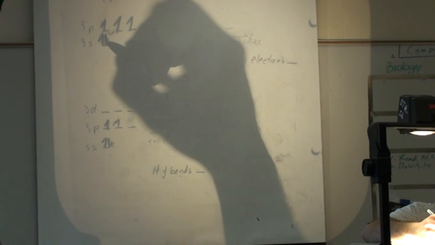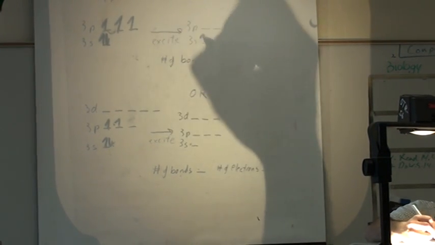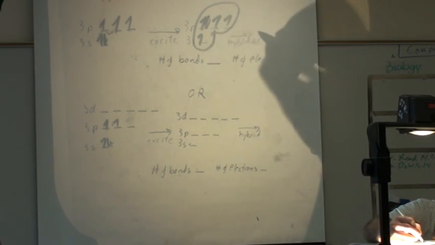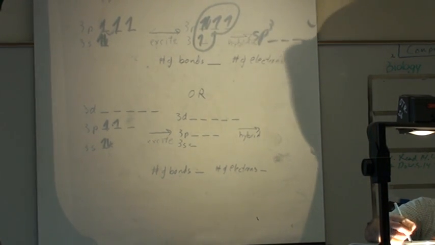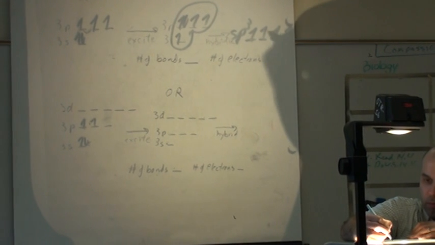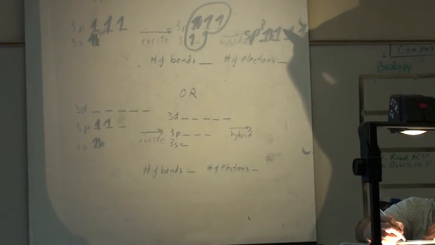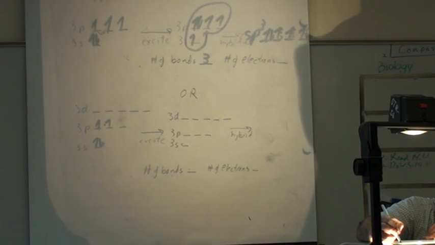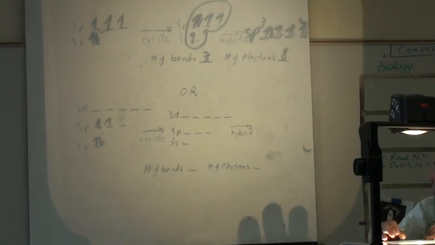Yeah. So, with phosphorus, I can kick that 1 electron up. sp3 hybridization. I'll need 3 more electrons for a total of 8.